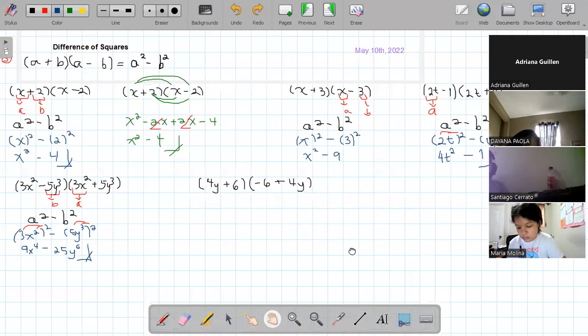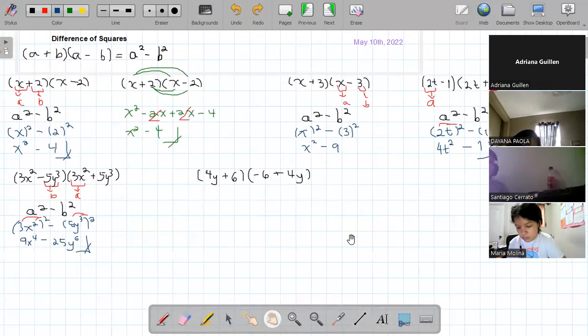Should I use formula 1? Should I use formula 2? Should I use formula 3? Or should I use FOIL? What should I use in there?